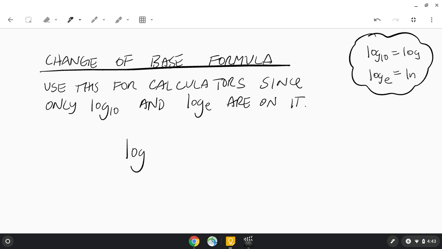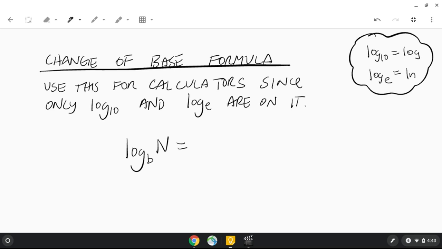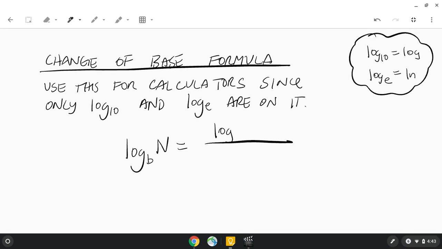If you're using any other base, and you have to take the log of that, the way you do it on your calculator is by taking the log, any base you want. Well, you only have 2 on your calculator, so you're going to use that one. You're going to take the log of n and divide by the log of b. Okay, so you can do that on your calculator.